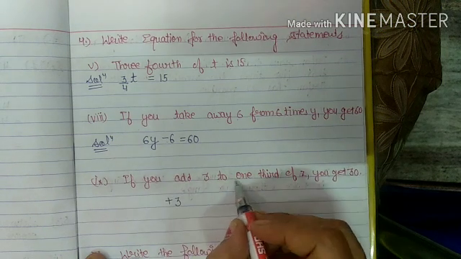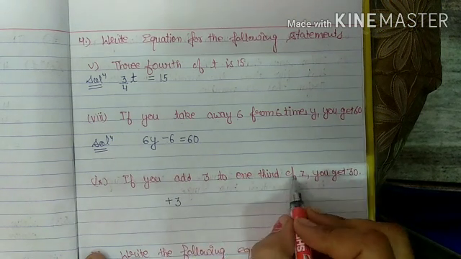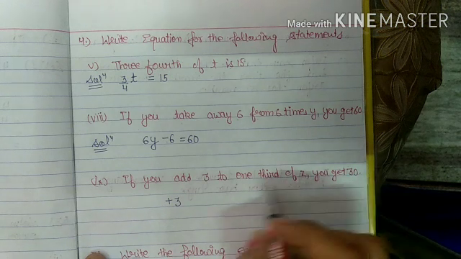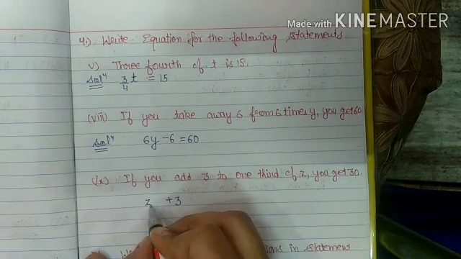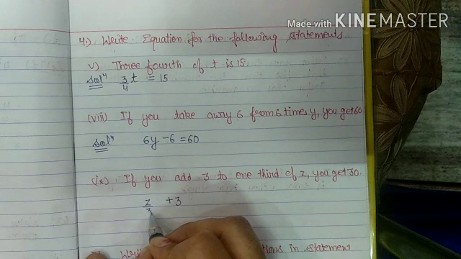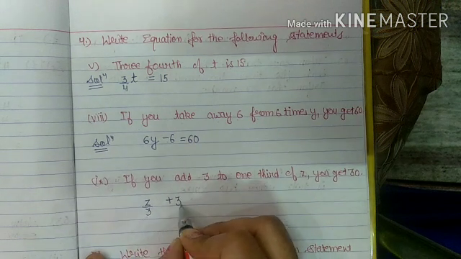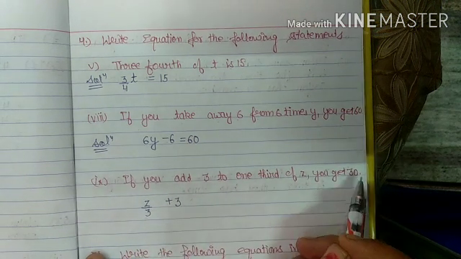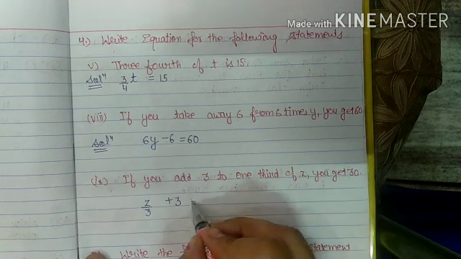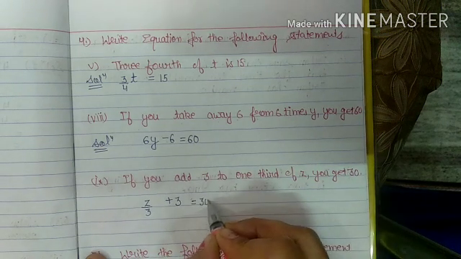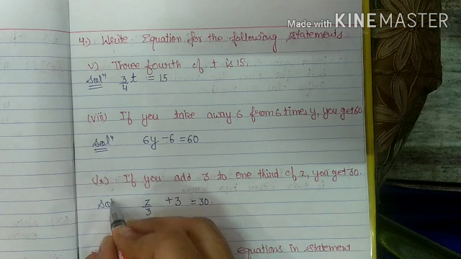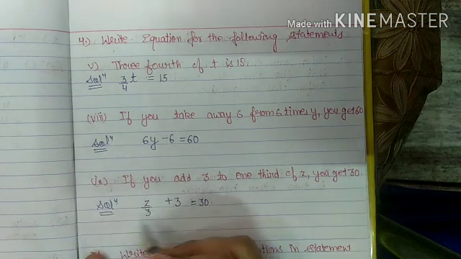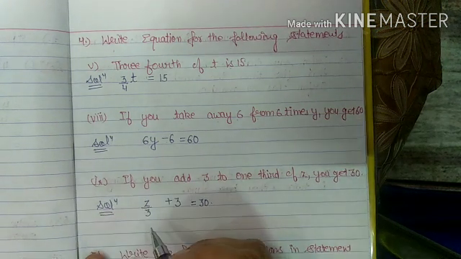In which number do you have to add? 1/3 of the number z. Means a number is z, its third part you are taking, add 3 in it, you get 30, means it is equal to 30. Like this, remaining parts of question 2, 3 and 4 you will do in HW.